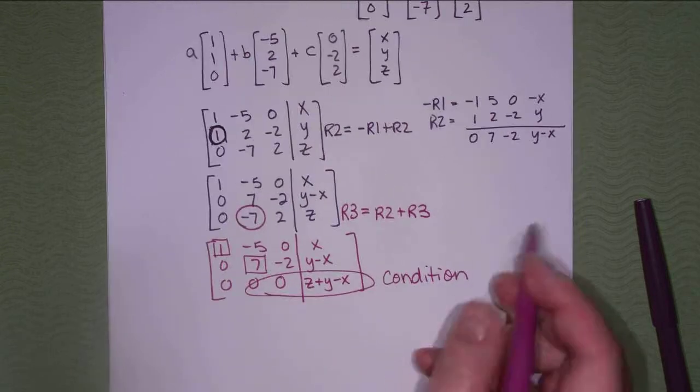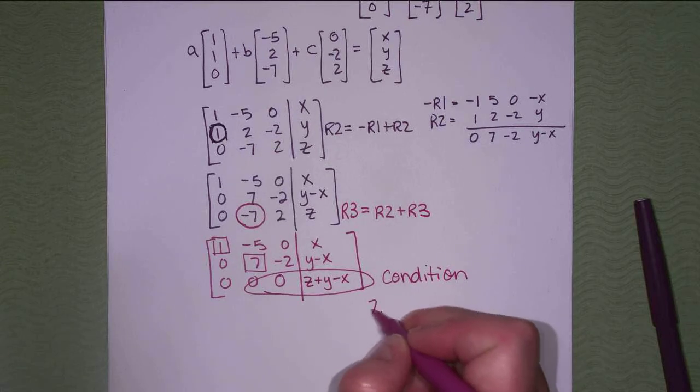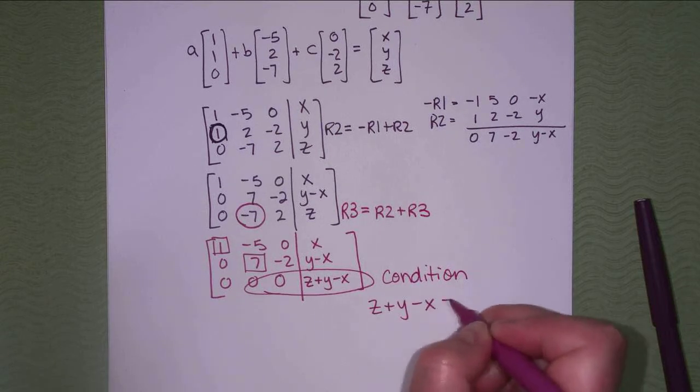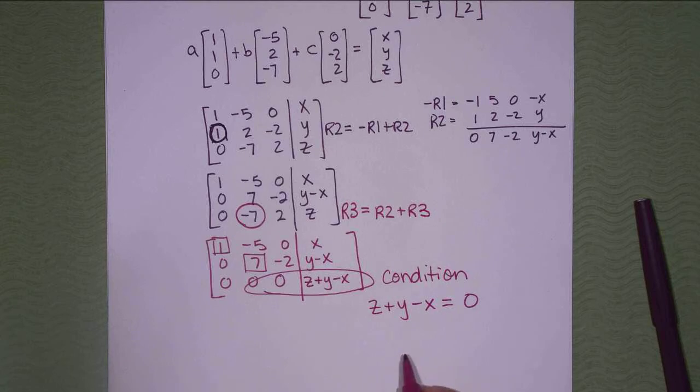For this to have a solution, z plus y minus x has to equal 0. So I can solve for any of these letters. It doesn't matter which one. So let's solve for z just because it's in the start. So z equals x minus y, do you agree with that? I didn't make a mistake that time.